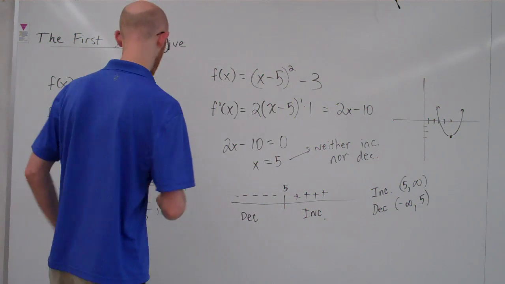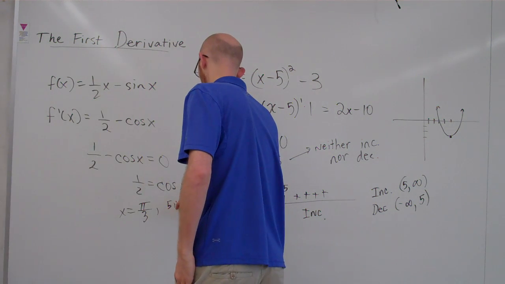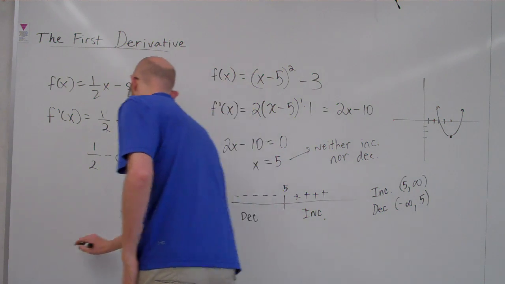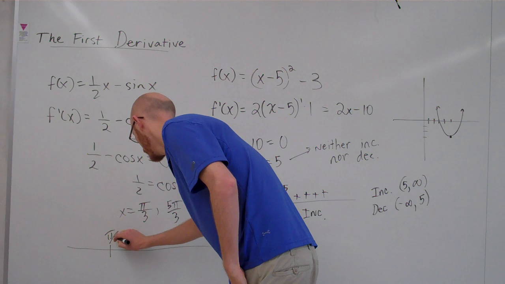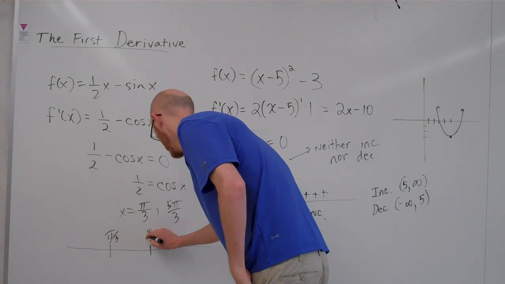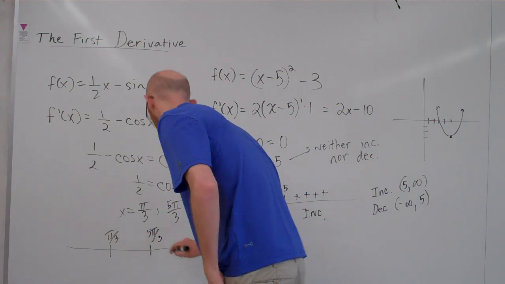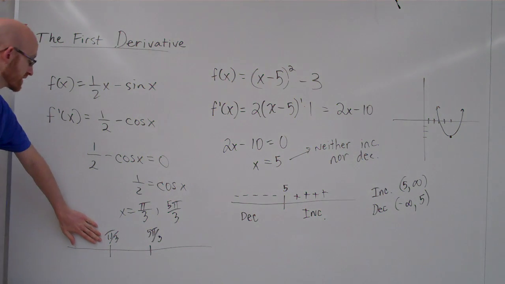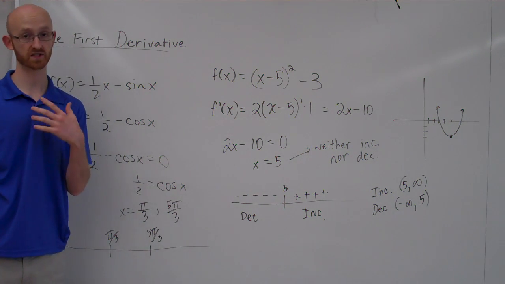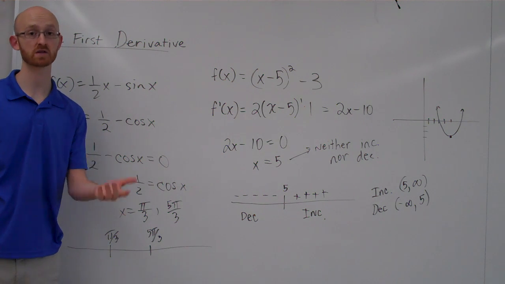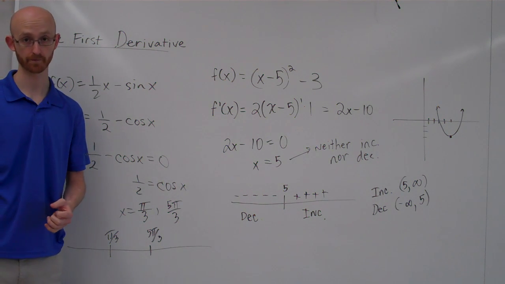So that's 300, also known as 5 pi over 3. So now we build a number line with pi over 3 and 5 pi over 3, keeping in mind that I can't take any value I want way back here or way up here anymore, because the domain has been restricted.